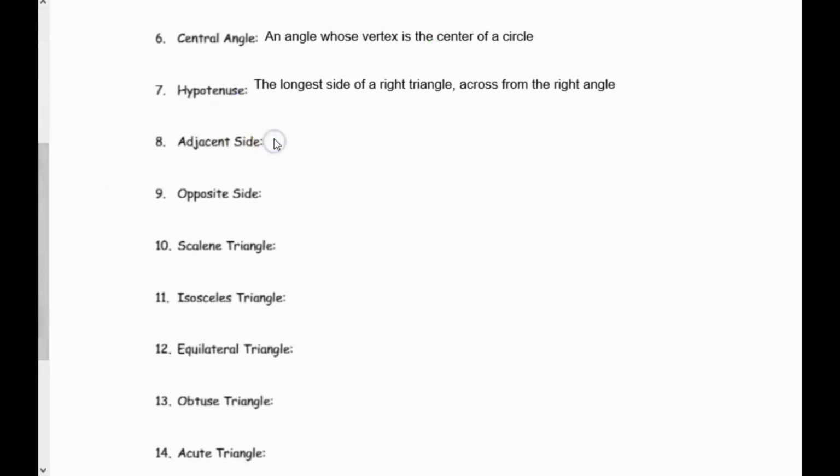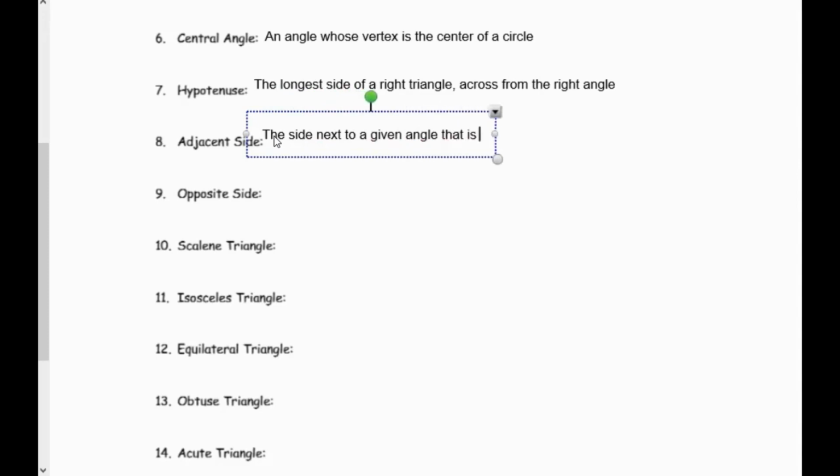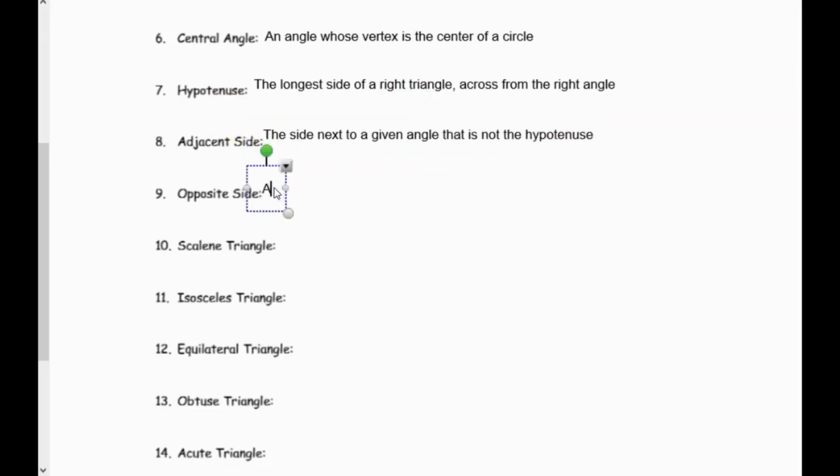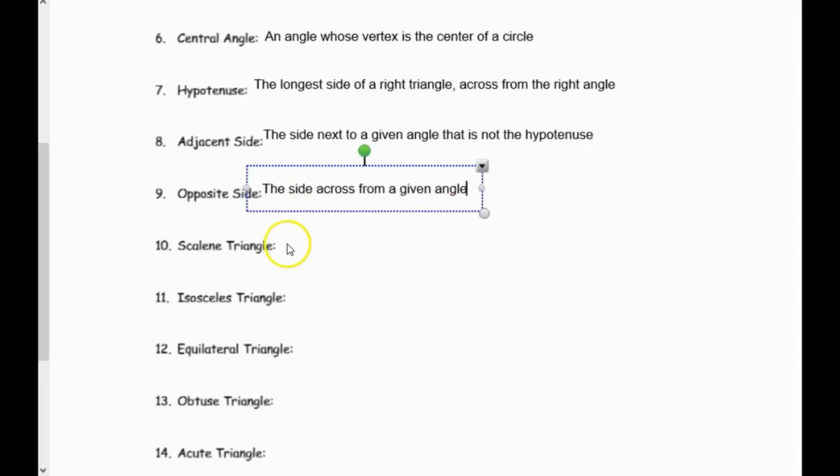Adjacent side, the side next to a given angle that is not the hypotenuse. The side across from a given angle. Scalene triangle.